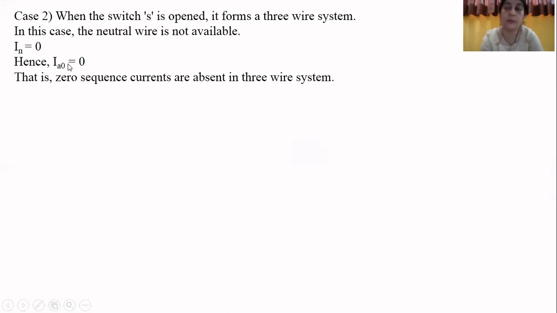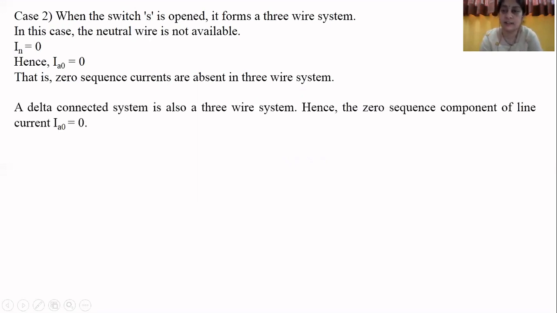Zero sequence component of the line current is 0 in a three-wire system. This three-wire system can either be a star-connected three-wire system or a delta-connected system. So in a three-wire system, IA0, the zero sequence component of line current, will be equal to 0.